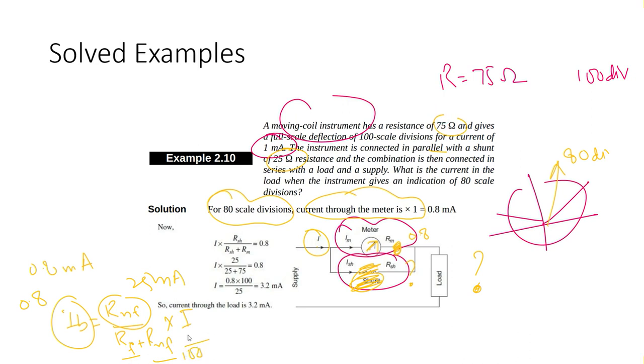So 25 divided by 100 multiplied by I is equal to 0.8. So I turns out to be 3.2 milliampere. This I that is going inside is 3.2 milliampere, which is the same current the load is using. So this was an interesting example in which we used the current divider rule for calculating the total current.